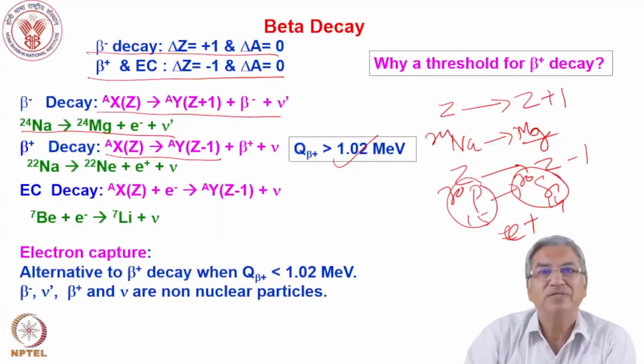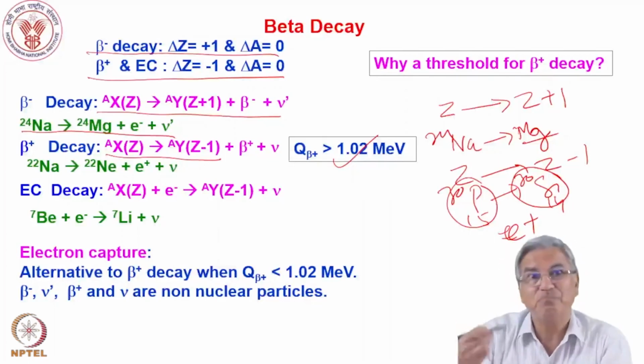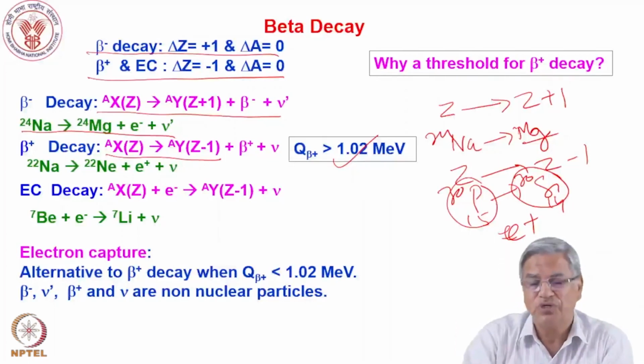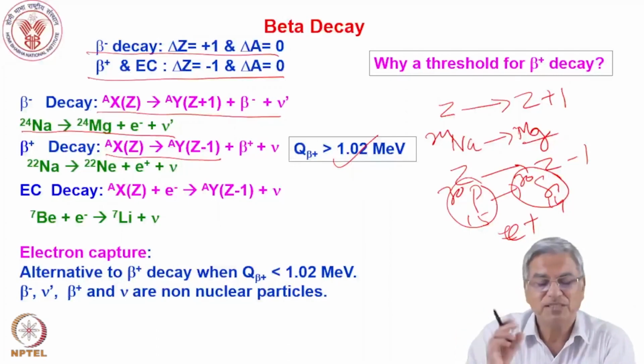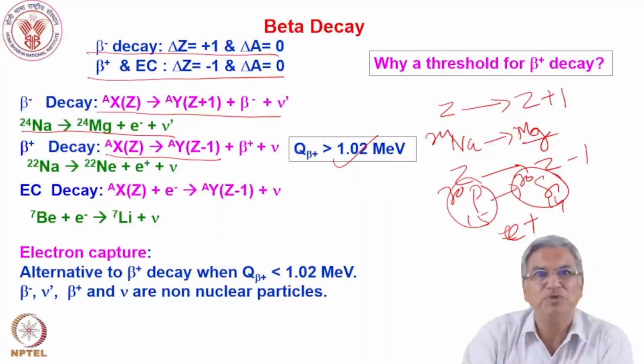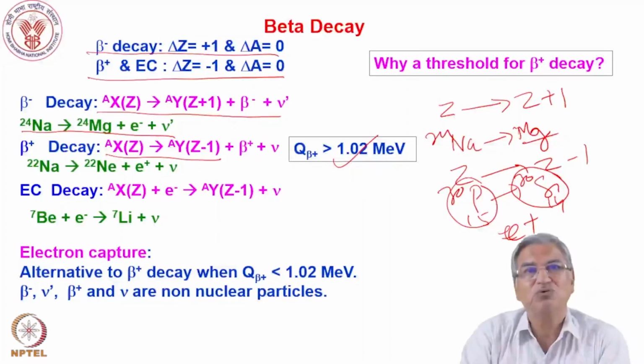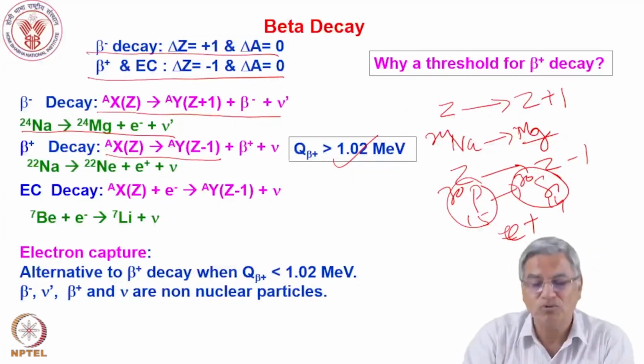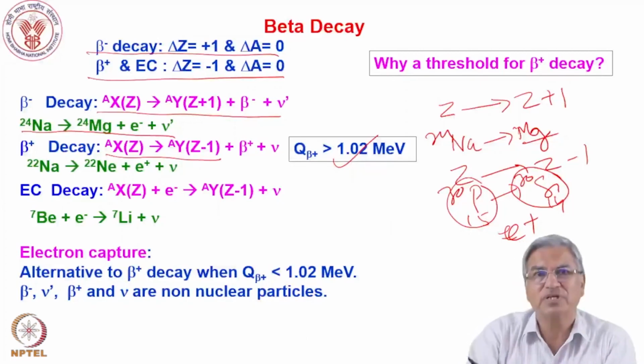Because of that, the atom loses an electron from the atomic shells. So a positron goes out and an electron from the atomic shells goes out. Because of this condition, the mass difference between the parent and daughter has to be more than the rest mass of an electron-positron pair, that is 1.02 MeV. I hope it is clear.